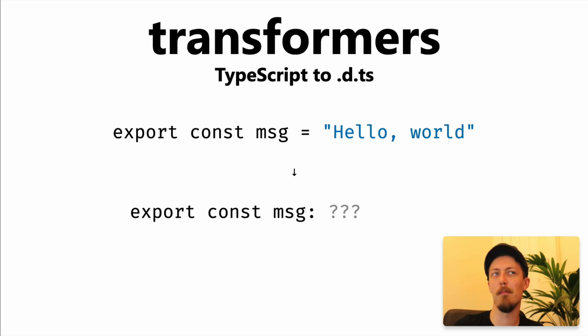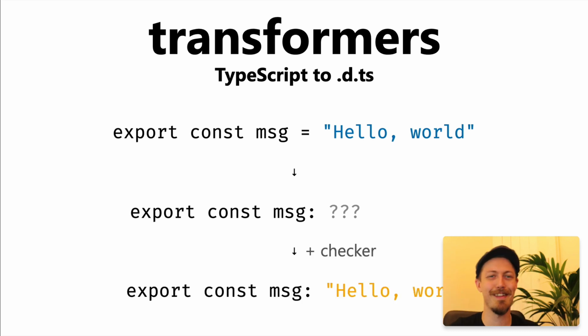Sometimes that's a bit more complicated, right? So that example I gave, the previous one had colon string, but in this first example, we don't actually have a type. You can't just remove the initializer, because if you do that, then you just end up with nowhere. And so what happens is the emitter asks the type checker, hey, what is the type of the initial expression that used to be here?